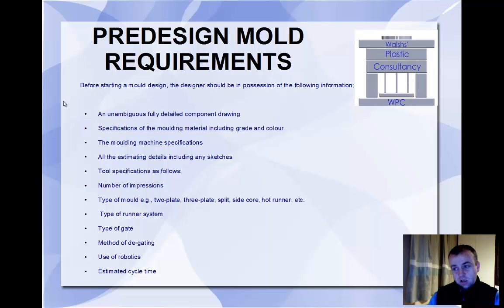Next would be specifications of the material, including the grade, which is important to know and understand from the design of the mold perspective, in that you're going to need to know the shrinkage rate of the material, your draft angles for your walls, your ribs, your bosses, and this information needs to be known from your material supplier.